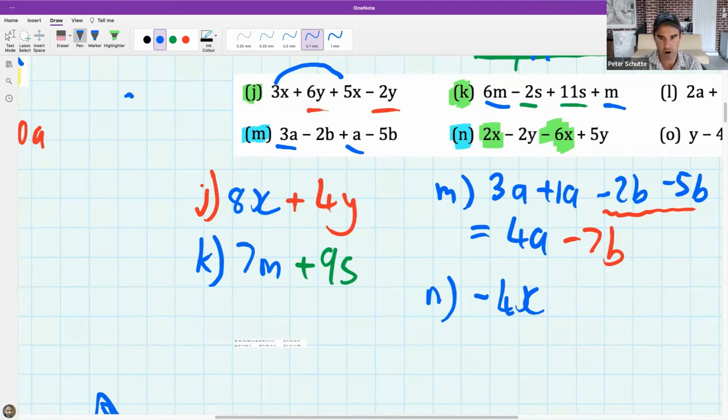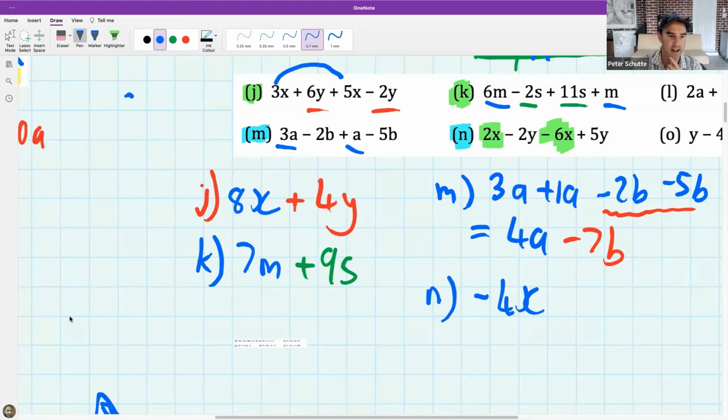Now the second part, I have minus 2y, and then I'm adding 5y to that. So in the chat, everyone, tell me what you get. I want everybody to see if you're getting this. Minus 2y plus 5y. What do you get when you take those two like terms and put them together? Okay, you don't get 7y. So think about when you've got minus 2 of something, if I've lost 2 of something, and then I find 5, what do I end up with?